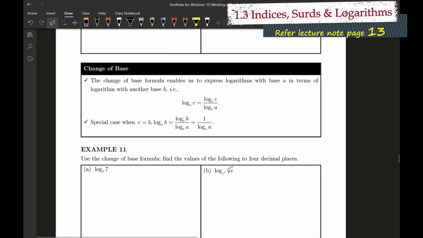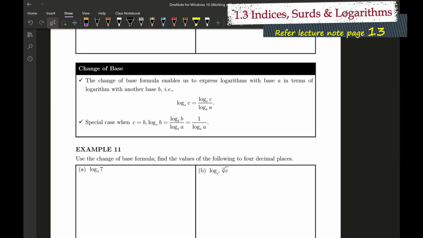We go to change of base. Okay, what is change of base?